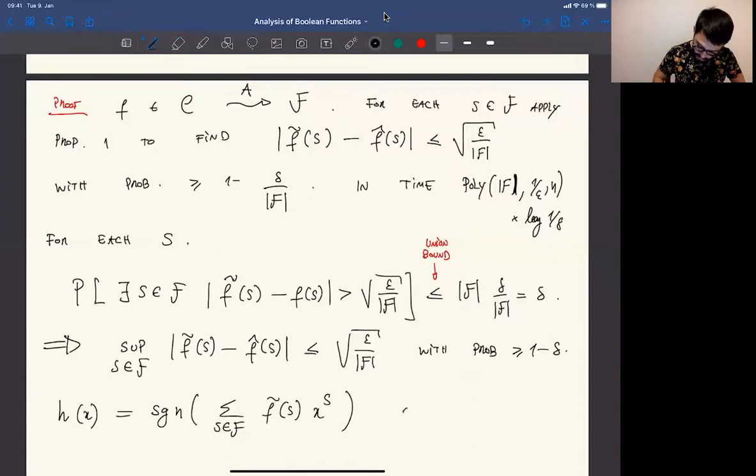And that should be close to f of x somehow.